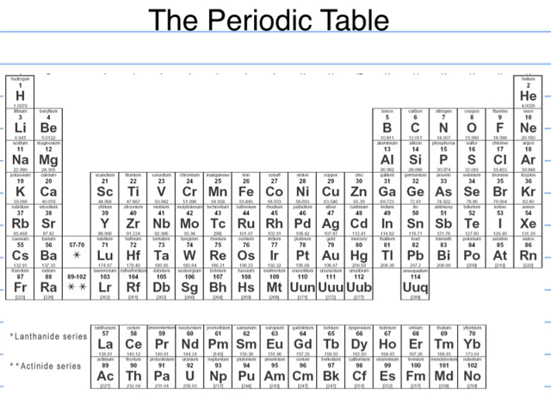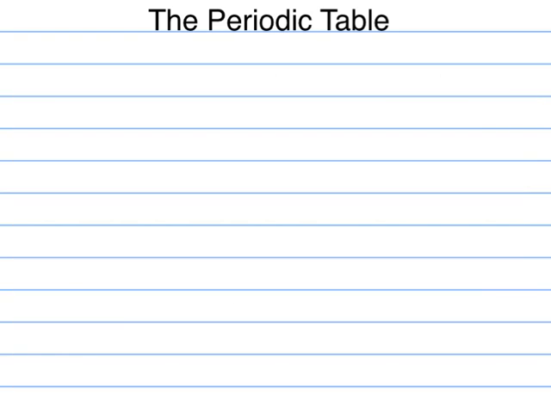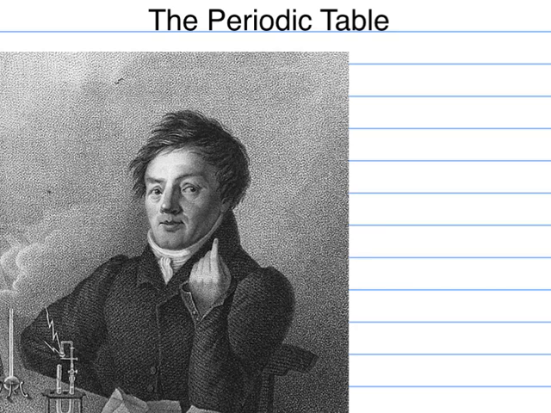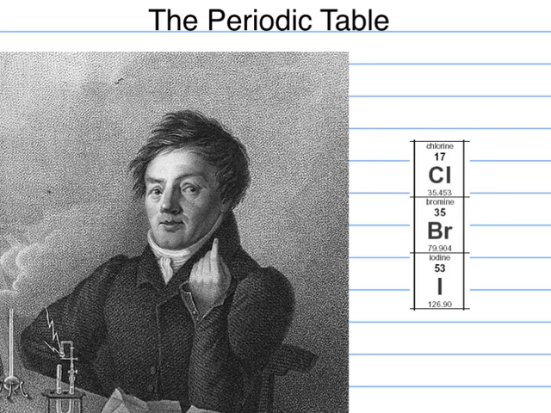Now, the first scientist to try and put them into an order was this man here, Johann Dobereiner. And what he did is he arranged the elements into triads. Triad means 3, and he arranged them in order according to their properties.